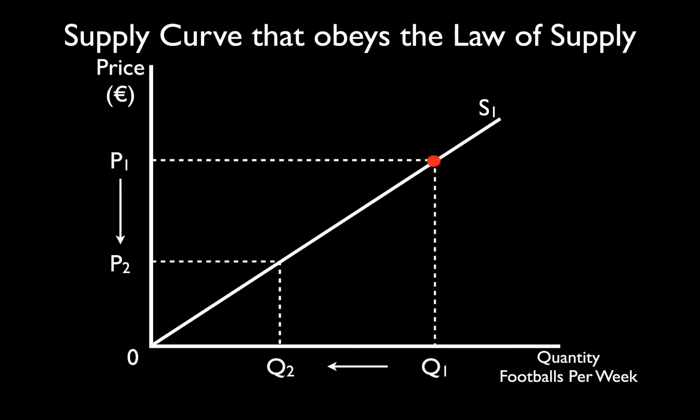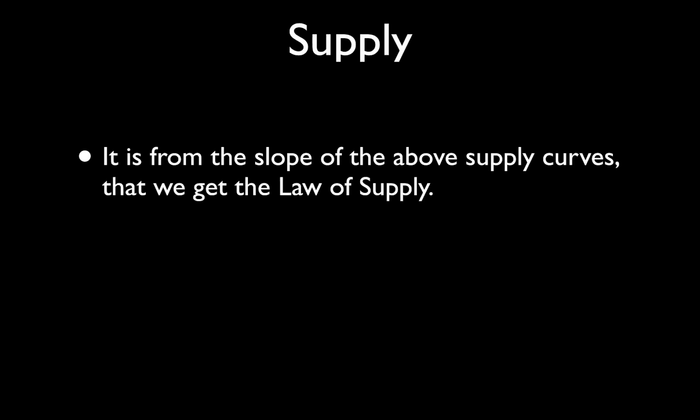So the incentives that firms face to continue to produce this particular good following a price fall decrease. So there's a movement along the existing supply curve from there to there, following a reduction in price from P1 to P2, showing that this good obeys the law of supply because the quantity supplied has reduced from Q1 to Q2. Q2 is less than Q1, and again that's following a price fall.